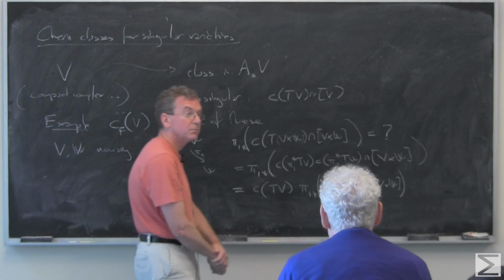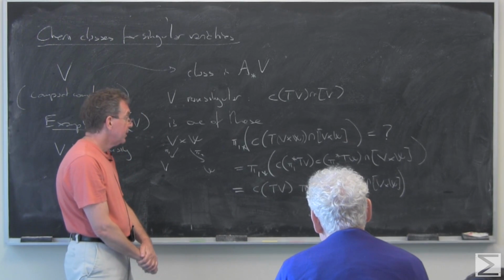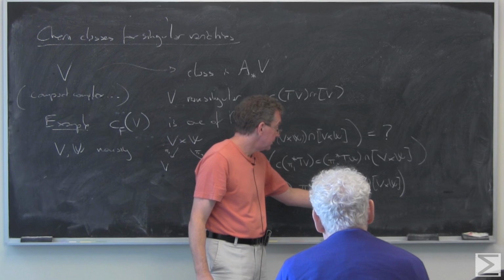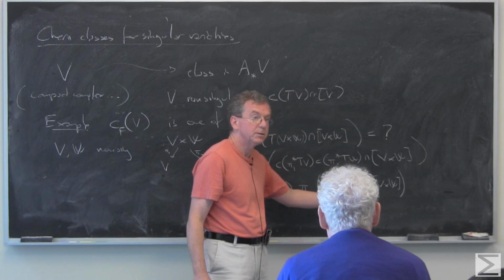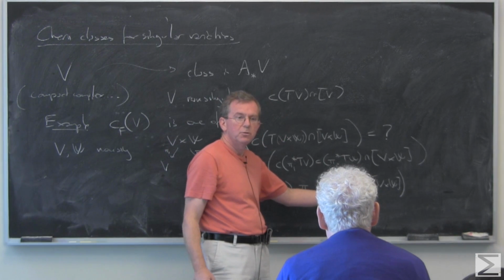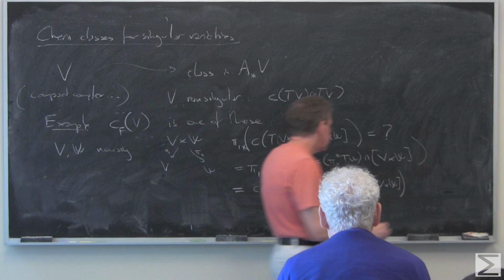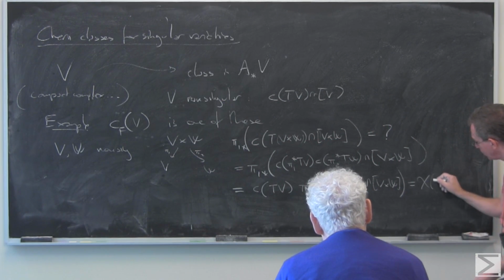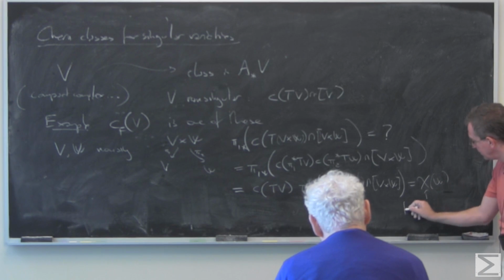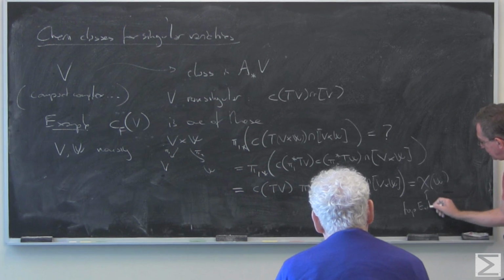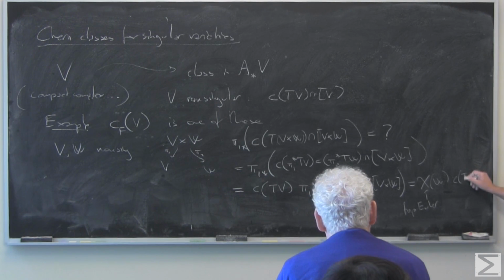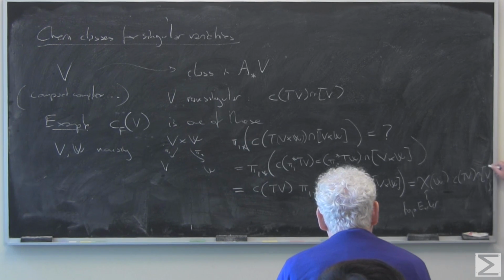All the other terms are 0. What's the top Chern class of the tangent bundle of a non-singular variety? Compact. It gives you the Euler characteristic. So this is, in the end, just taking the topological Euler characteristic of W as a coefficient to C of TV cap V.